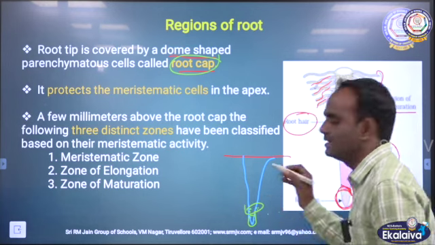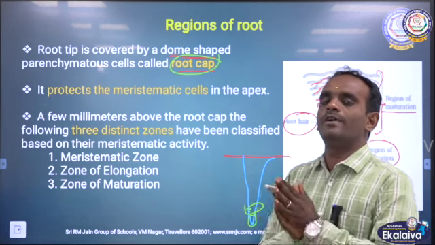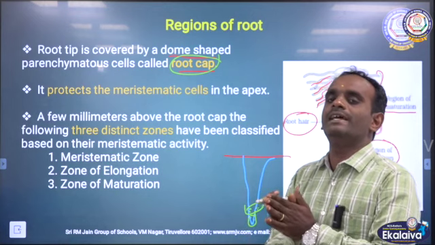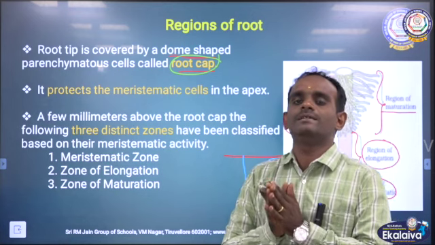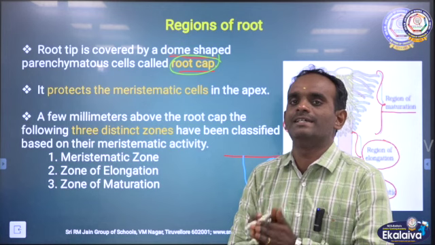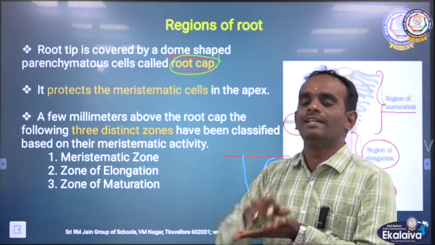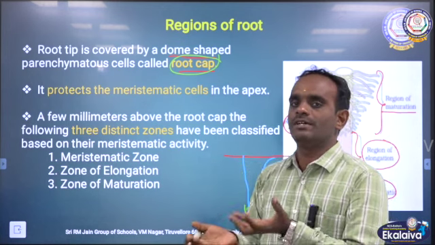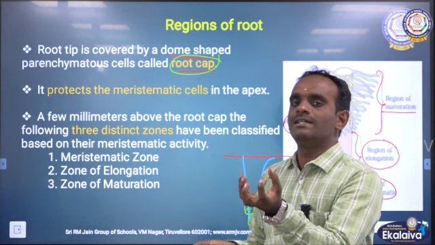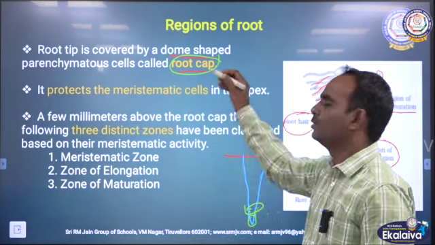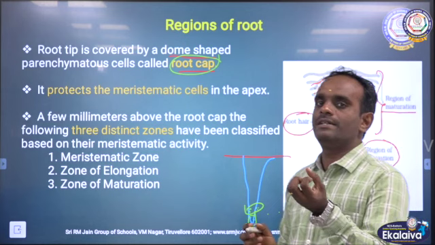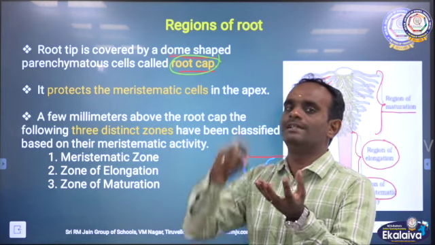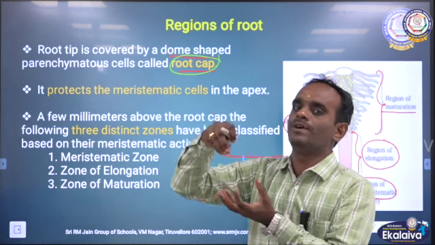What is meristematic cell? That type of cell often undergoes cell division. They are the immature cells. All the meristematic cells are immature cells. It often undergoes cell division. So that meristematic cells are protected by root cap. Meristematic cells are always present at the tip of the root as well as the tip of the shoot.